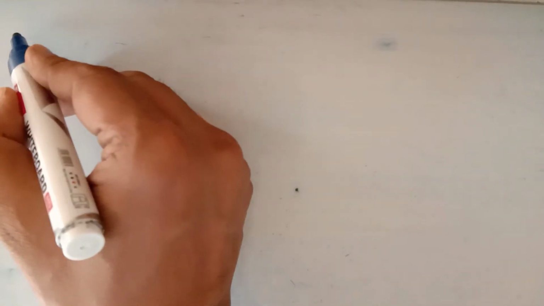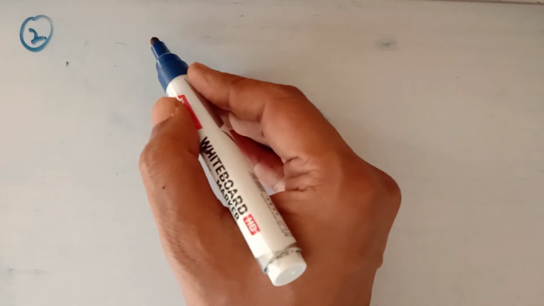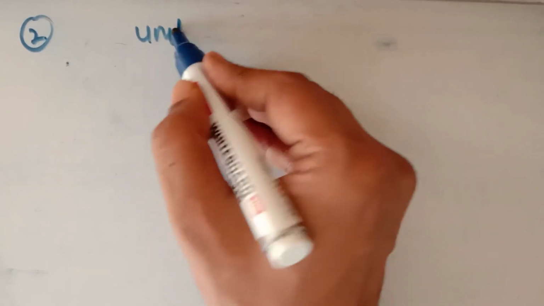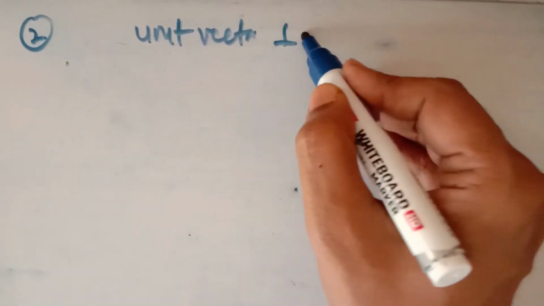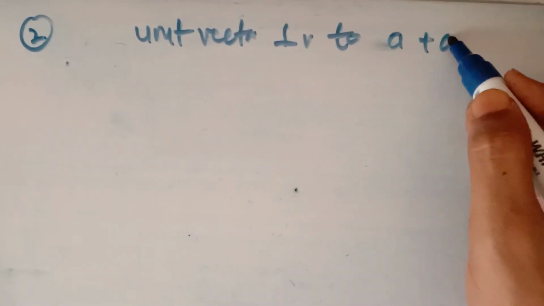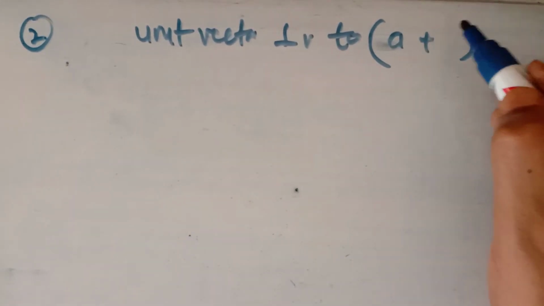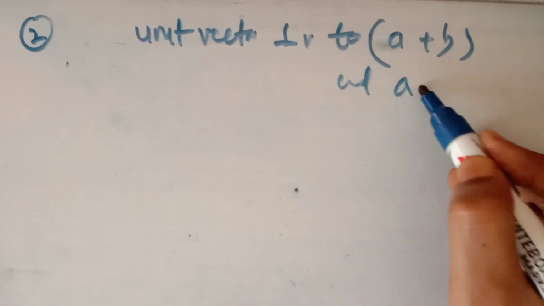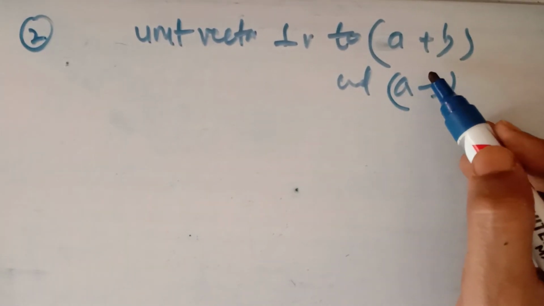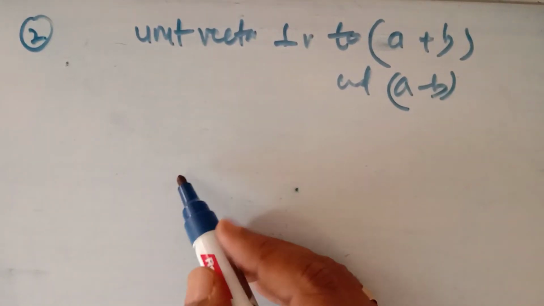Now in question number 2, you have to find a unit vector perpendicular to each of the vectors A plus B and A minus B. The vectors A and B are given.